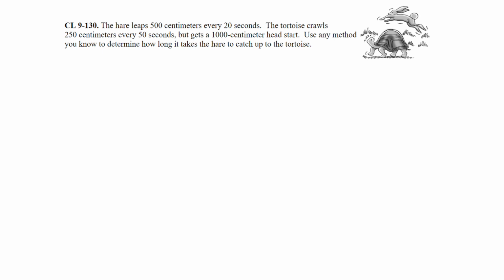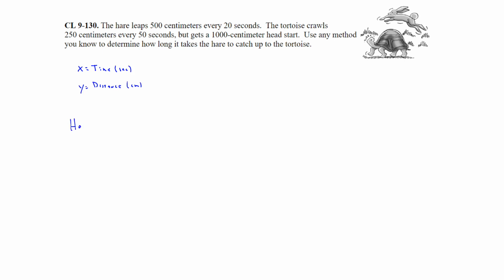I'm going to look at it in terms of an equation where I'm going to let x equal the time traveled, and y will equal the total distance. And that will be measured in centimeters, and time will be measured in seconds.